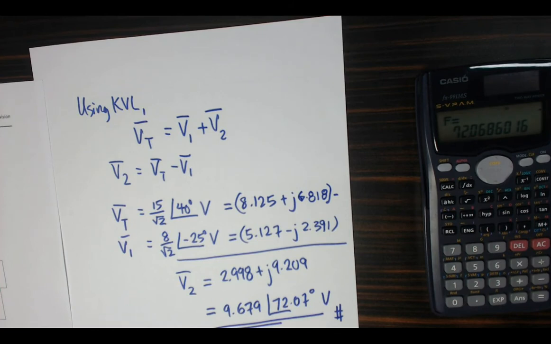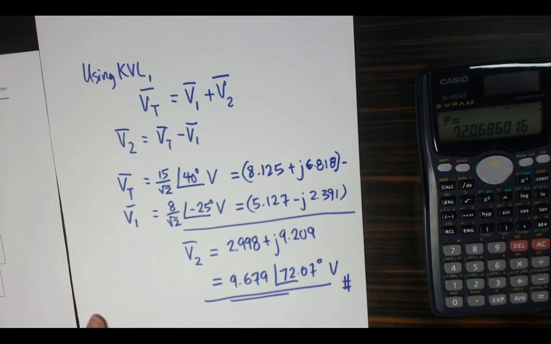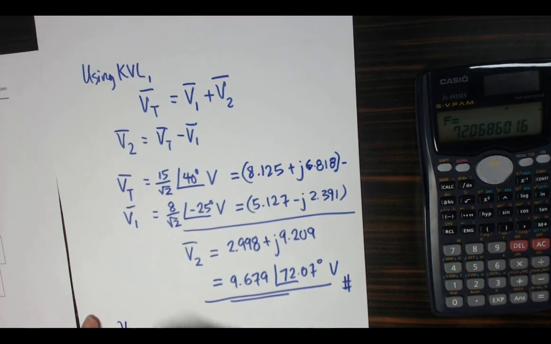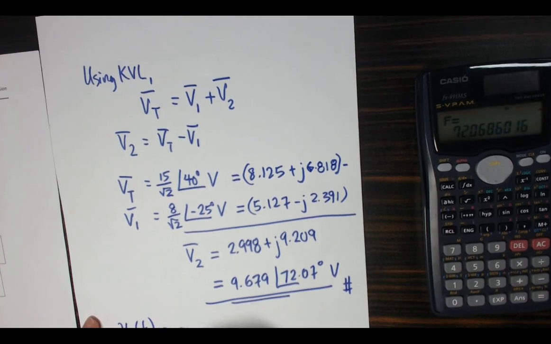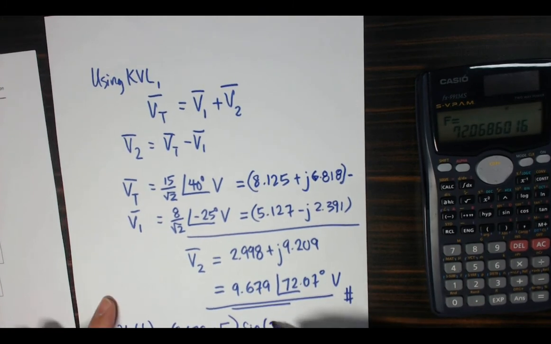So now the next thing I need to do is to convert this to the sinusoidal waveform. Here is the RMS value, so I need to get it back to the peak value, multiply by √2. Sine, same frequency as the other two waveforms, and then plus an angle of 72.07 degrees.